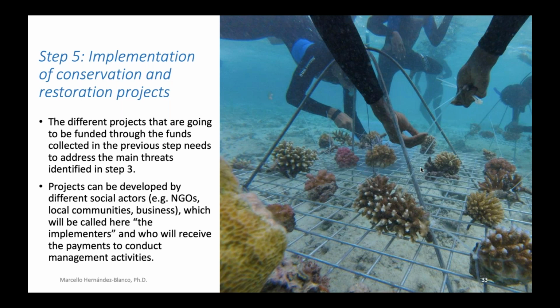So if you also develop these kinds of projects hand in hand with local communities, you would also have a positive impact on livelihoods. And in the case of countries like ours, developing countries, you would also have a positive impact on poverty reduction, which is not exactly one of the main targets of PES schemes, but it has become a more regular objective of these kinds of schemes.